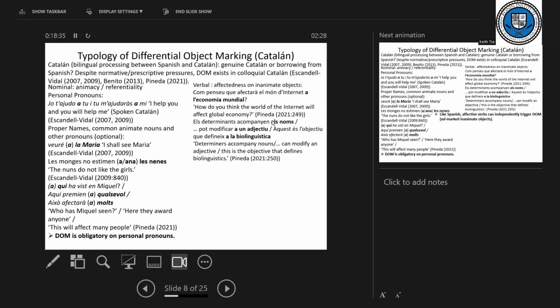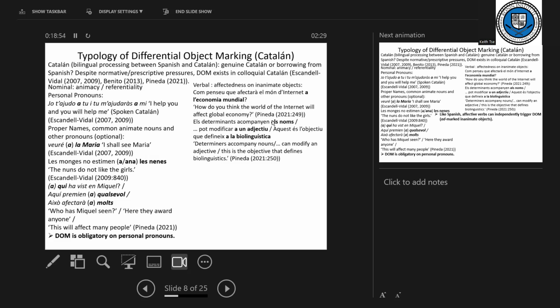Similar to Spanish, as you saw on the previous slide, the verbal kinesis can also trigger DOM, because here, inanimate nouns are marked by a when these are selected by highly affected verbs. So, for example, afectará a la economía mundial.